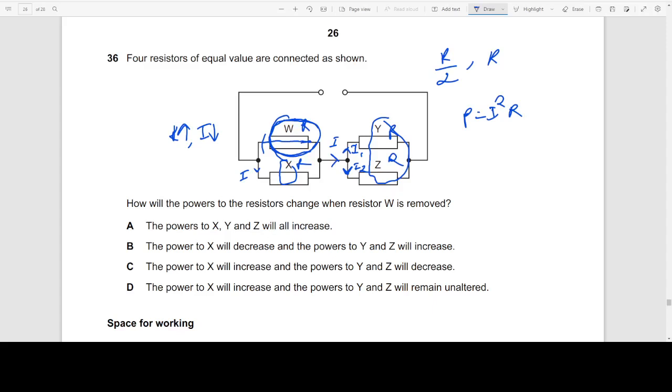So all the current, so okay, sorry, this whole branch is removed.